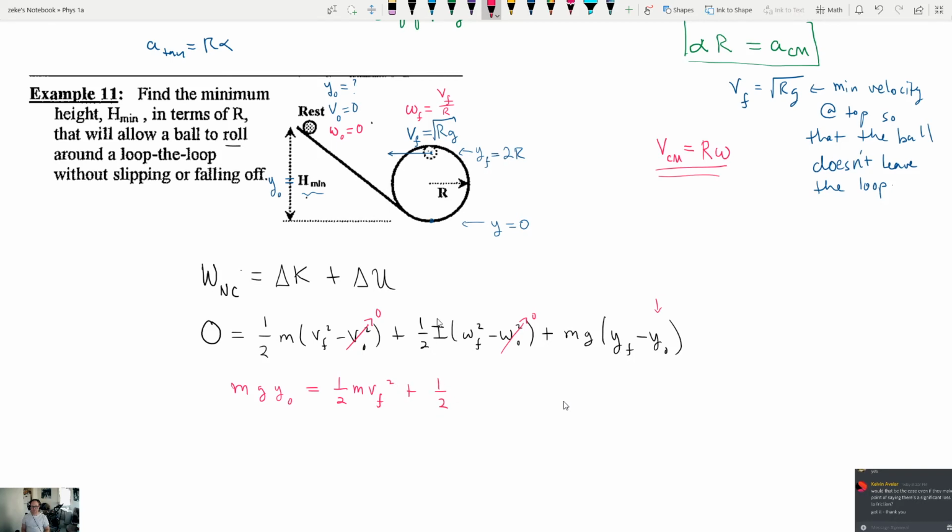Now what do we do with moment of inertia? If you were given this problem and I didn't tell you what to do, what would you do about the moment of inertia, I? What can we do about that? What do we use for moment of inertia in this problem?